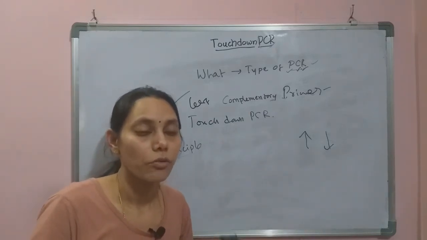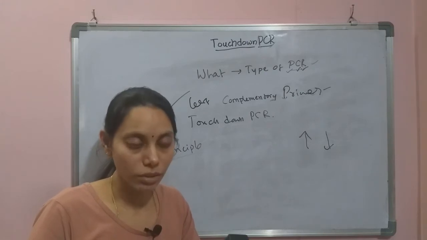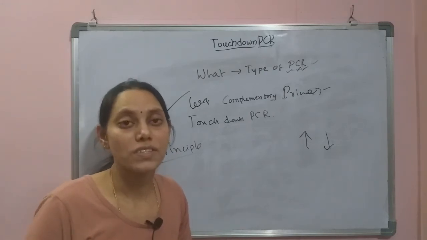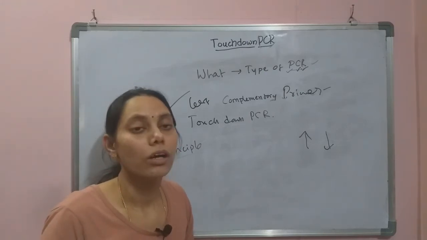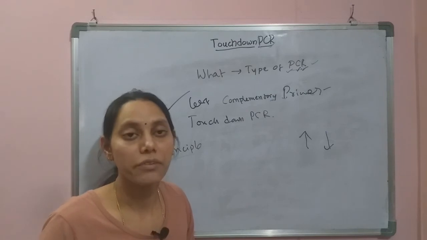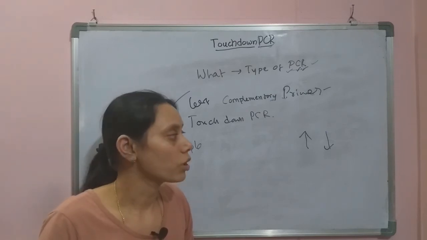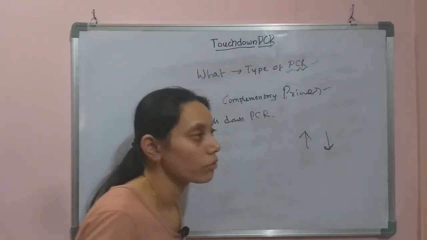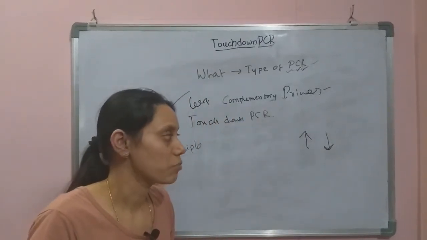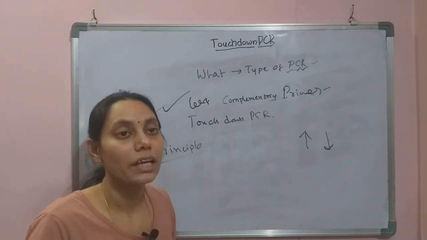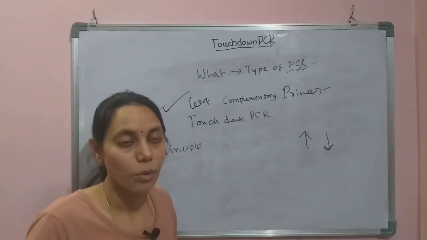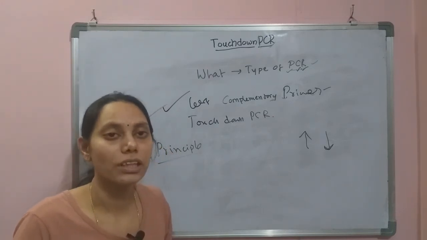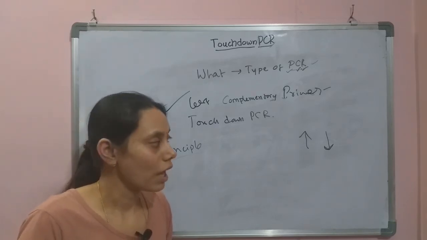Once a few cycles are carried out at high temperatures, the temperature is lowered so that primer binding to the target sequence is easy.